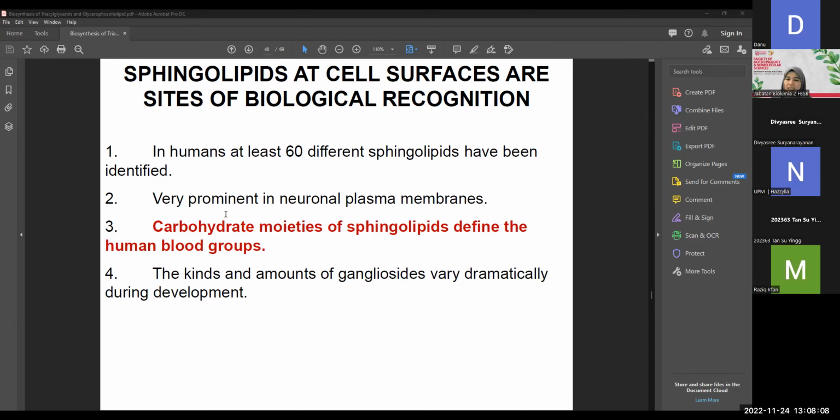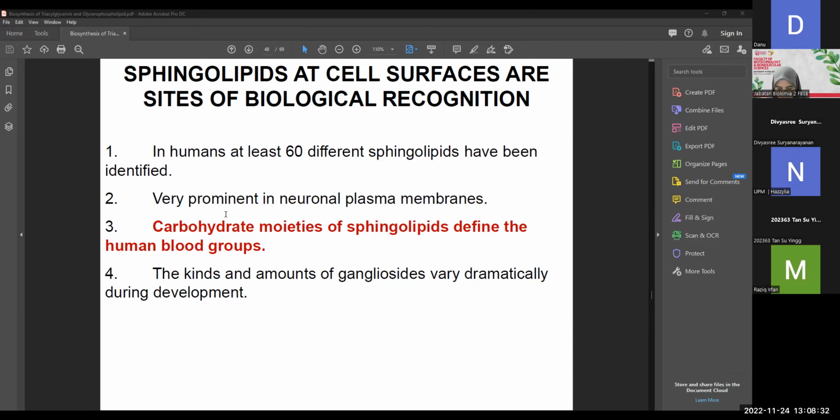So basically, the procedure to determine the blood groups is based on the carbohydrate moieties on the surface of the blood cell.